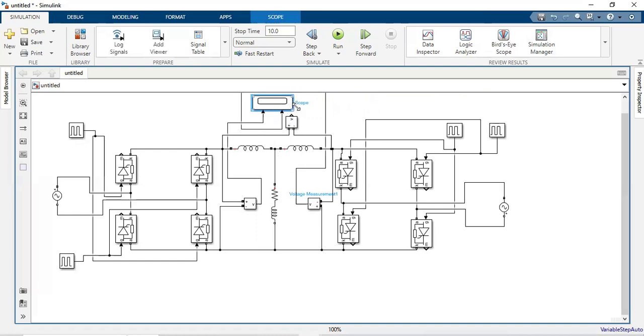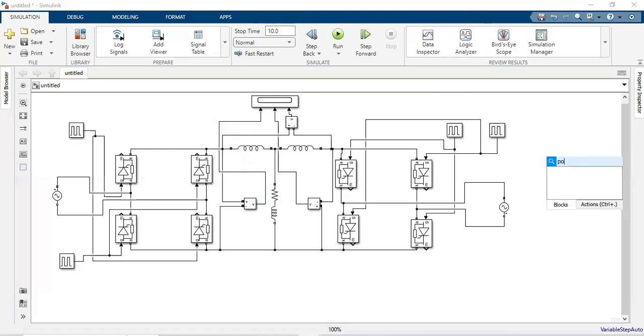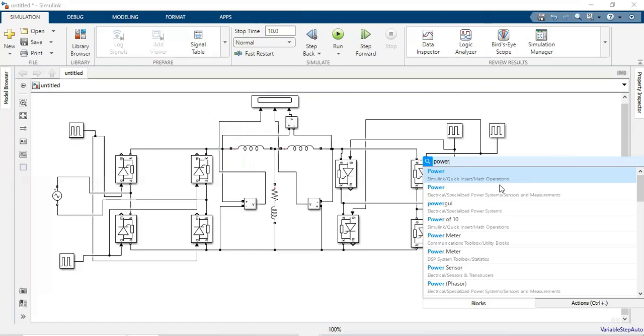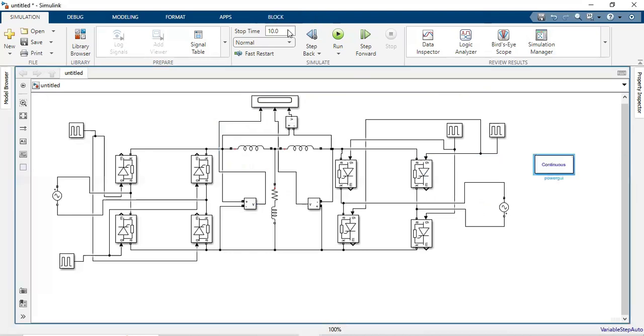Then we will have the third input to the scope as the voltage of the reactor. So the first waveform will be the output voltage of the first converter, the second waveform will be the output voltage of the second converter, and the third one will be the voltage across the reactor. Now the circuit is ready to run. Before that, we will replace the power GUI. And let us run this model for 0.2 seconds.